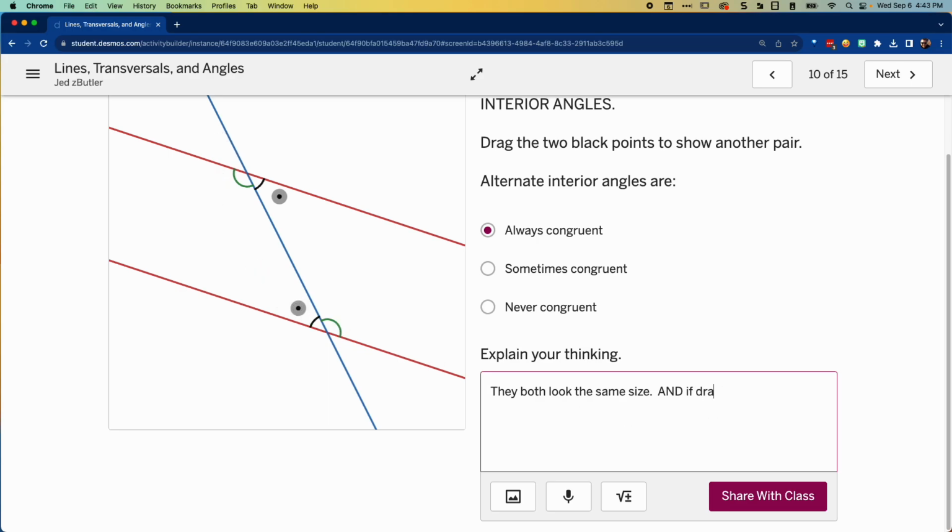And if you drag a vertical angle from the top intersection to the bottom intersection, then you have alternate interior angles. Cool.